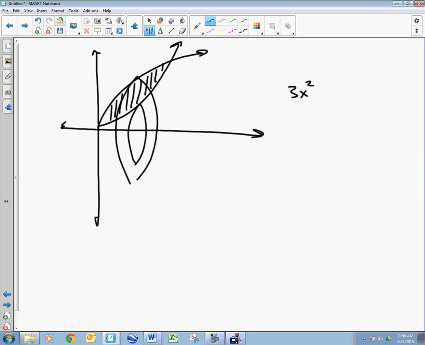What is the antiderivative of 3x squared? Very good. So, how about this? How about x to the negative 1?